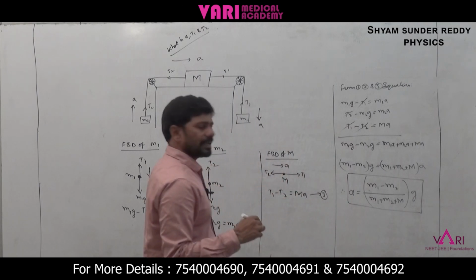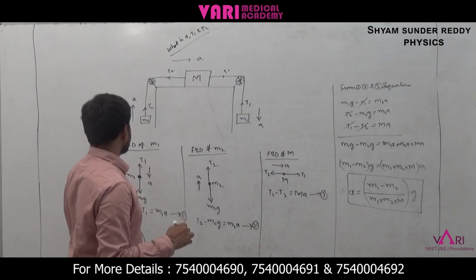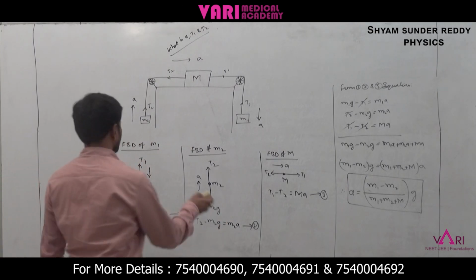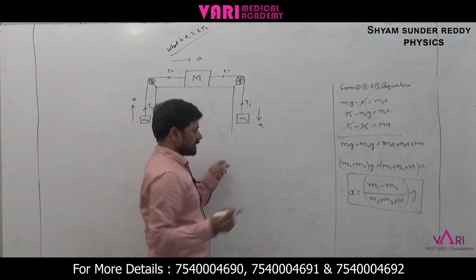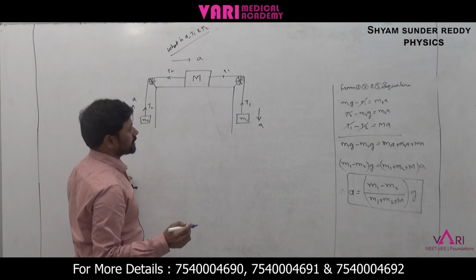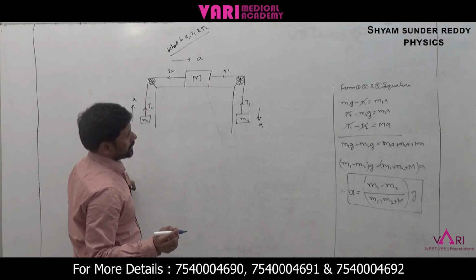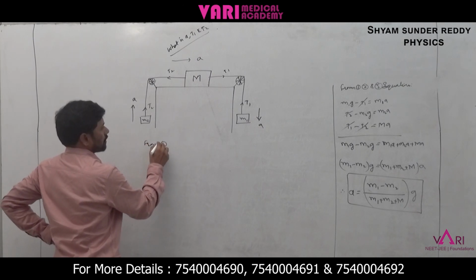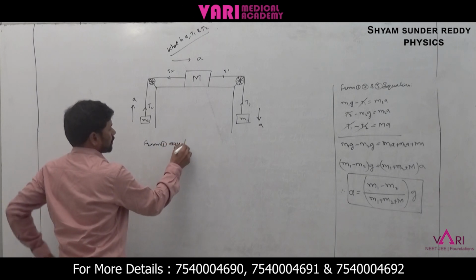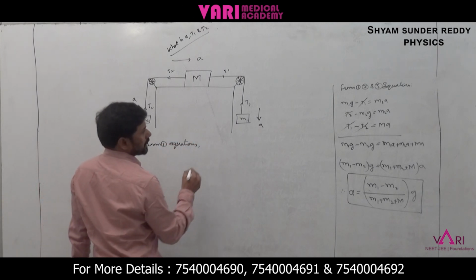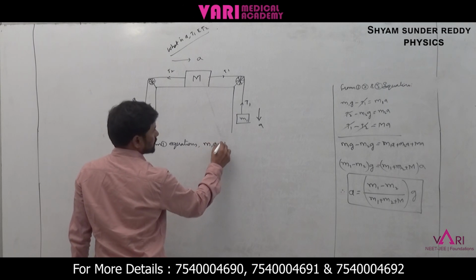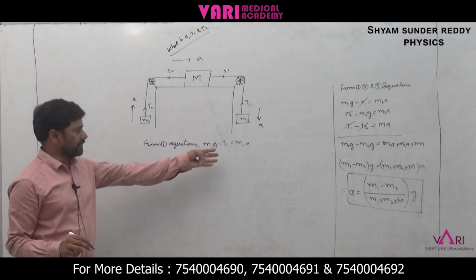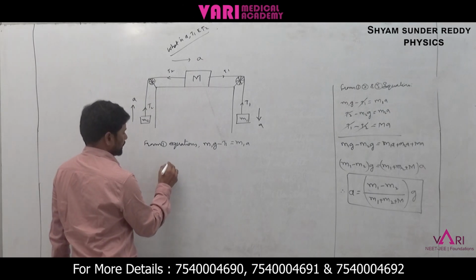Now we want the tension T1 and tension T2. Now for T1, from the first equation, m1g minus T1 is equal to m1a. Substitute the A value in this equation, then we will get the result.